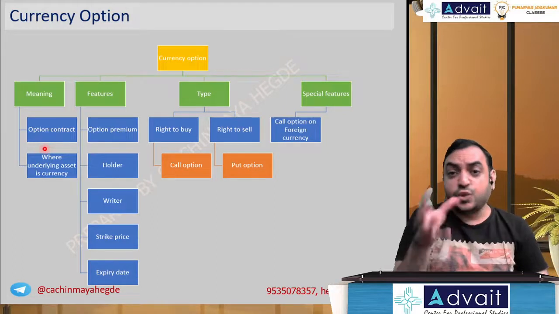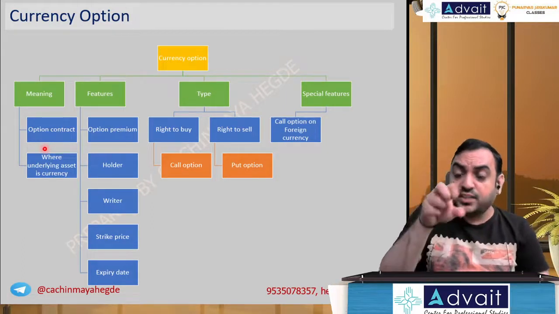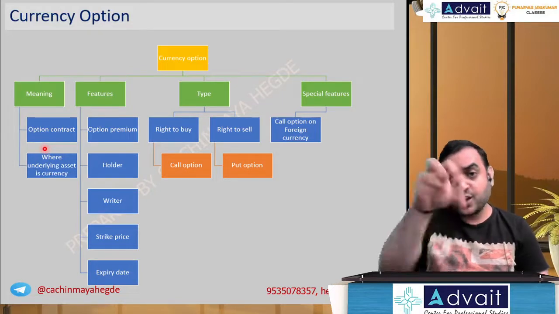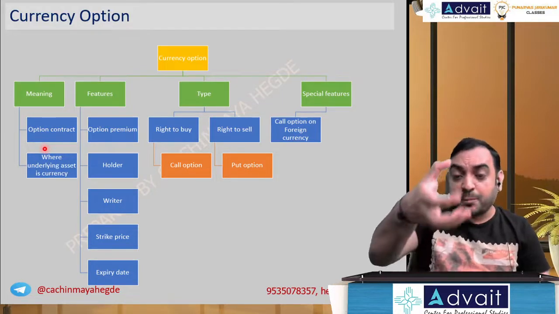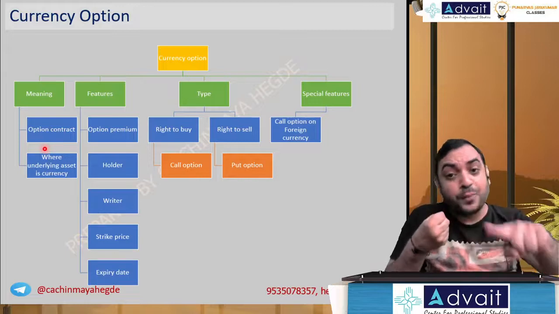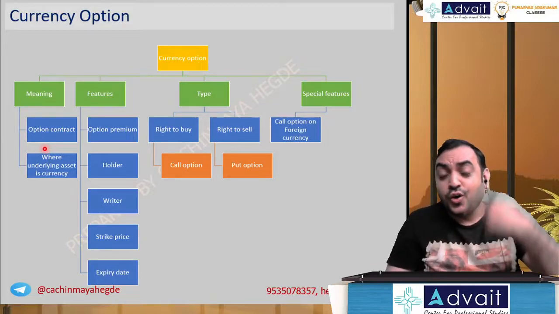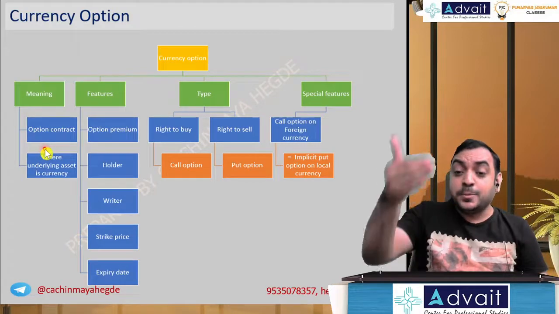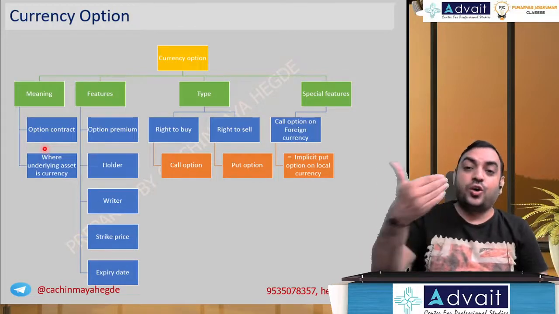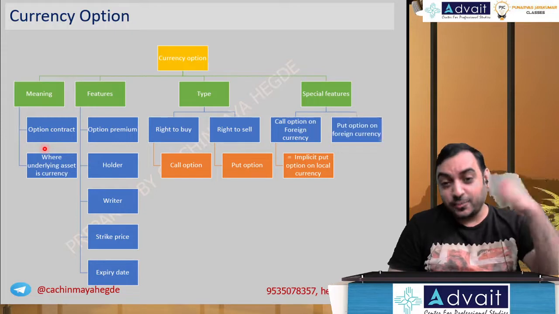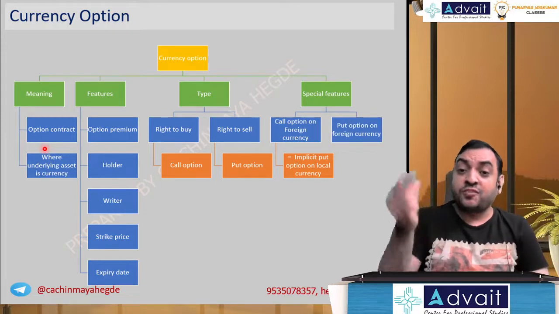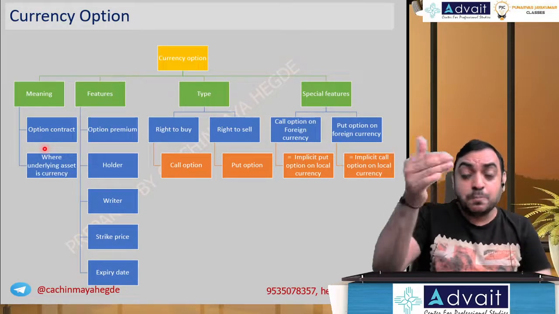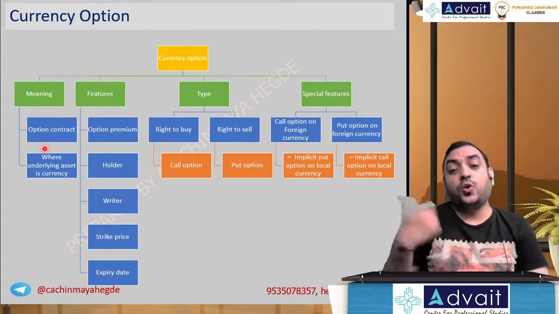Similarly, if I have USD, right to buy the USD is a call option. But if I'm buying USD, I have to pay rupees. So a call option on foreign currency is an implicit put option on local currency. Similarly, a put option on foreign currency is an implicit call option on local currency.